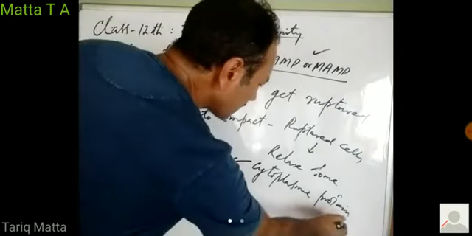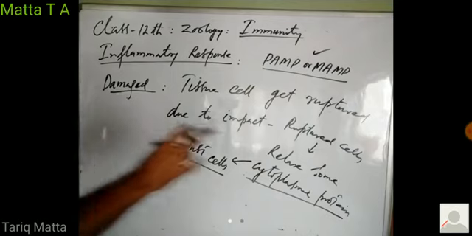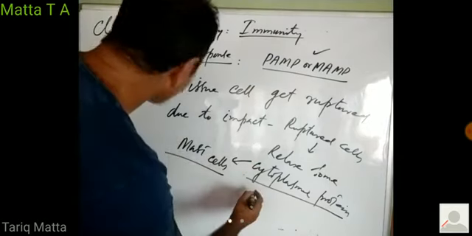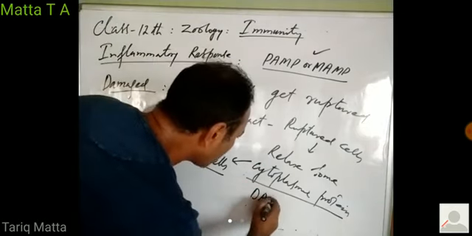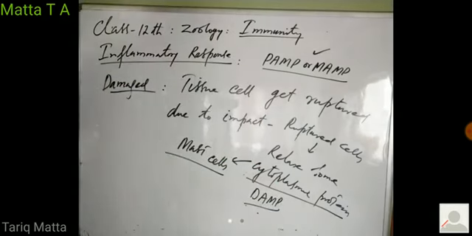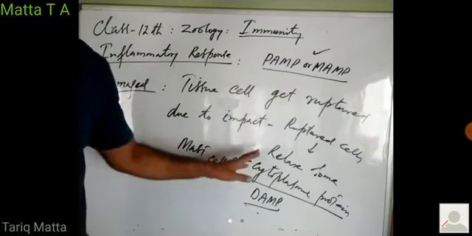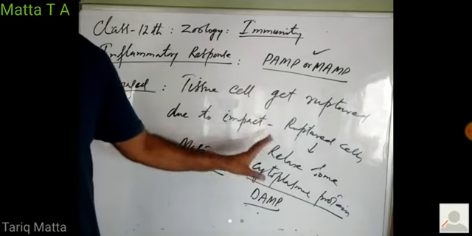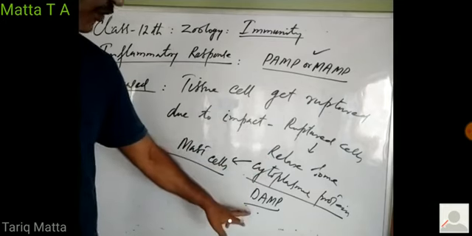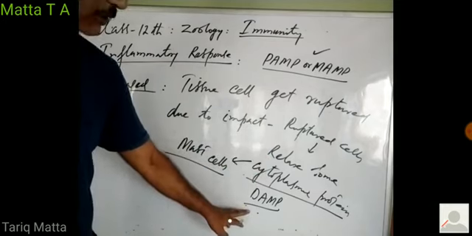These cytoplasmic proteins, which are released by ruptured cells, we call damage-associated molecular patterns.